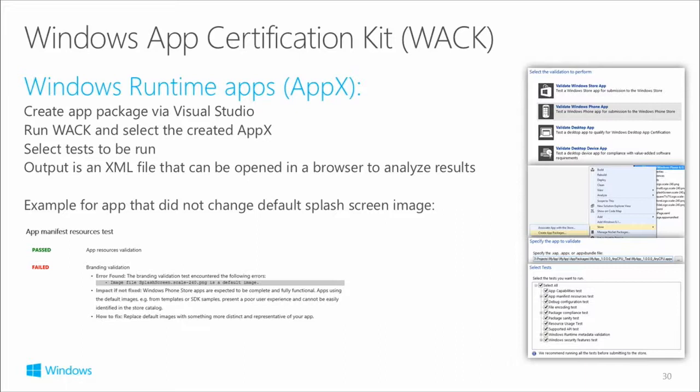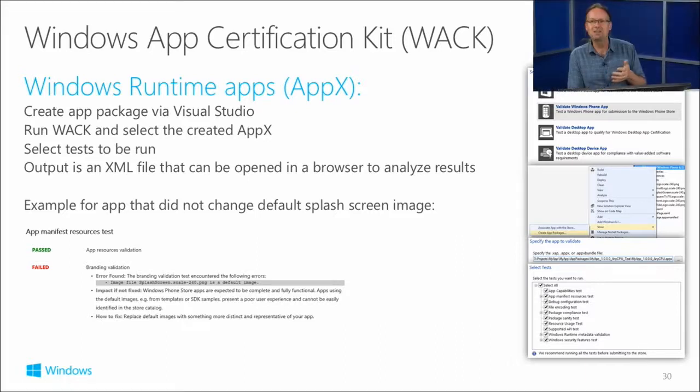This is actually the automated testing that Microsoft does itself when you submit your app up to the store. So it avoids the delay of letting them do the testing and then come back and say, oh, you didn't replace any of the default images in the assets folder. That's a classical case. All these tile images, you just had the stock ones that were still in from Visual Studio when you created the new project. You've got to change all that, and that's one of the things they test, amongst a lot of other things.